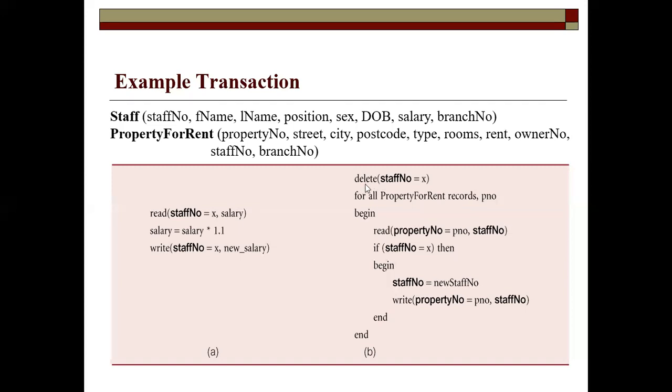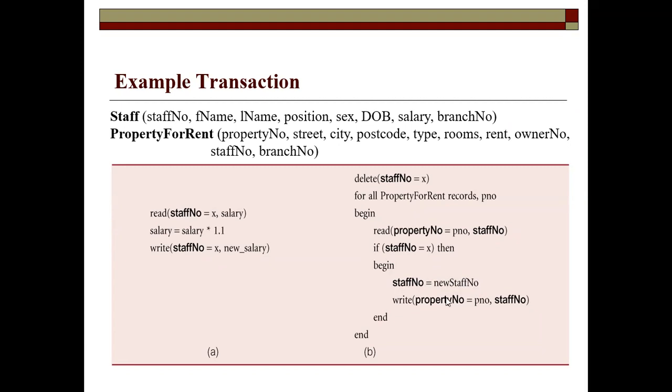So we are saying that we would like to do away with a given staff member X. So we go through all property for rent records. That means look at all the properties within this table, property for rent. And within that, we want to do the following. Look at the number and the staff number. So where the staff number is X, do the following. We want to reassign the staff number to another member of staff. So that means you have a new staff number.